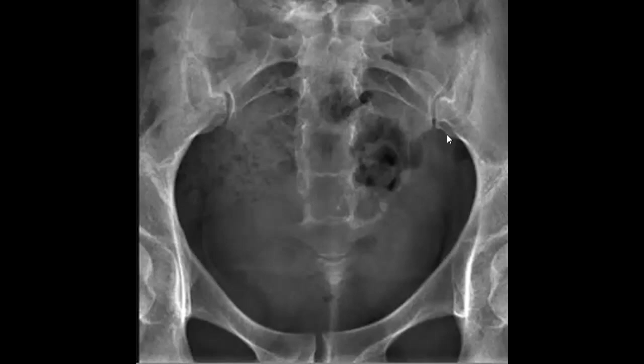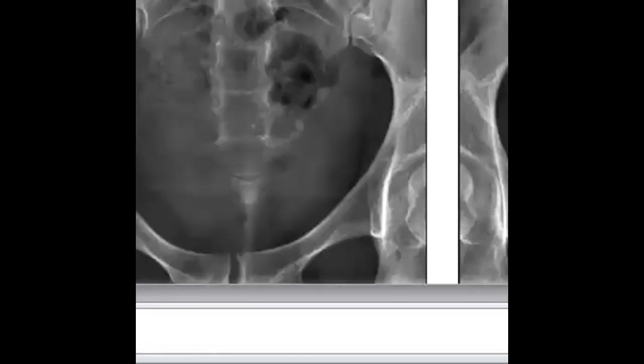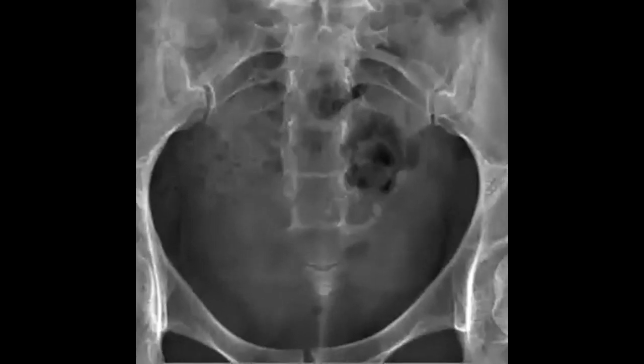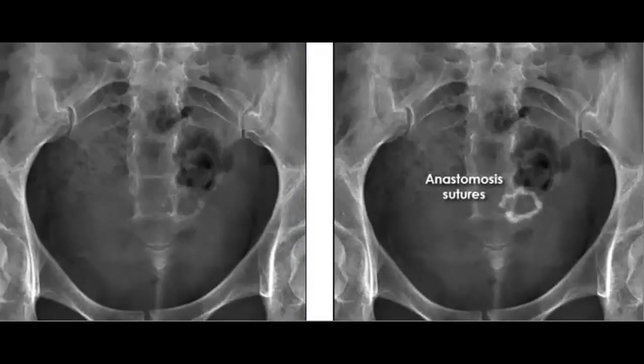So what is this? Yeah, anastomotic suture, perfect. It is here. This patient had an operation before, so it is an iatrogenic artifact.